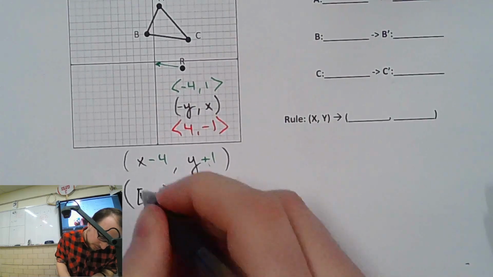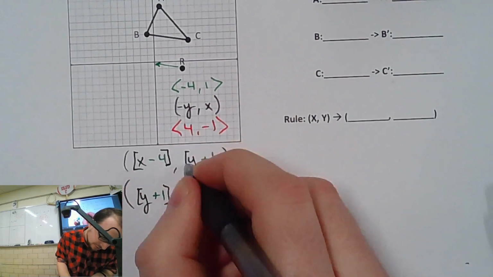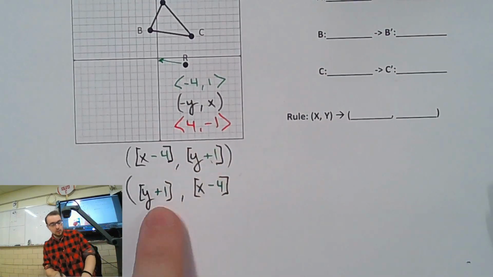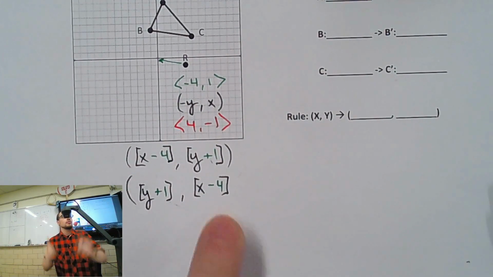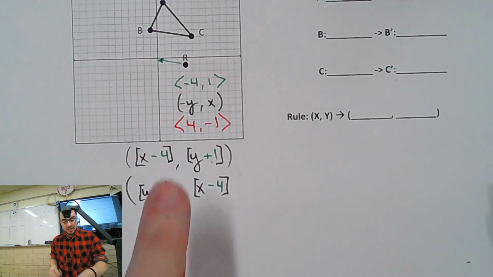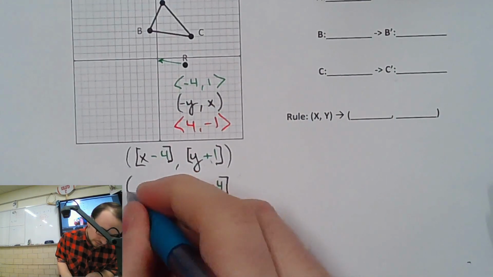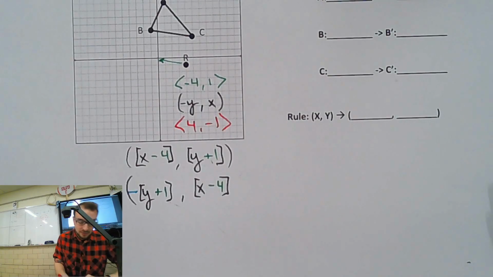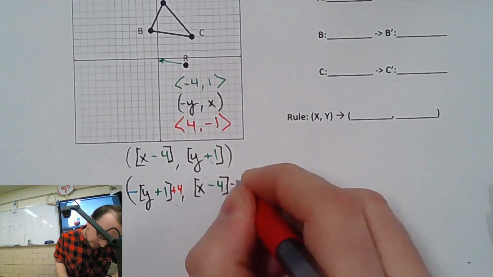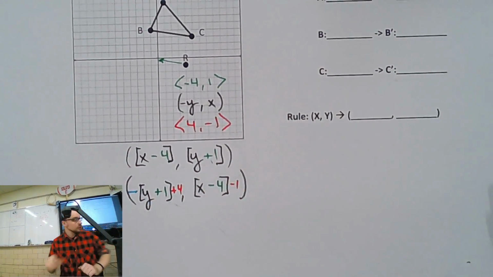They were all together before, and they're all together after I move them. Do you see how the y and the 1 move together? And the x and the -4 move together? We flip them, and then we negate them. So I'm going to negate the first. We good? All right. Then, I didn't leave room this time, but I'm going to squeeze it in. I add 4 and -1. There's our rule.